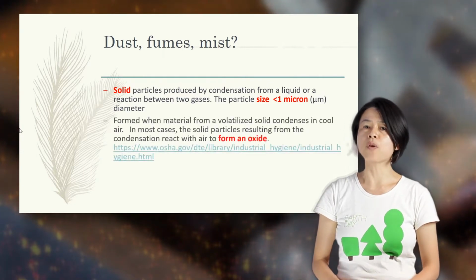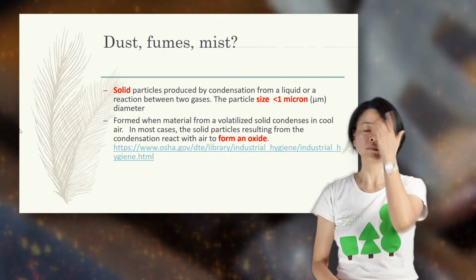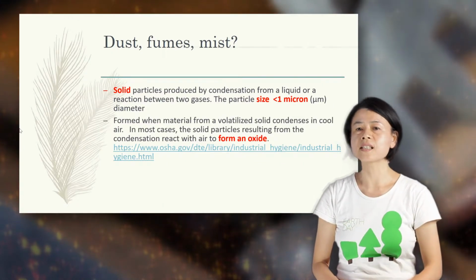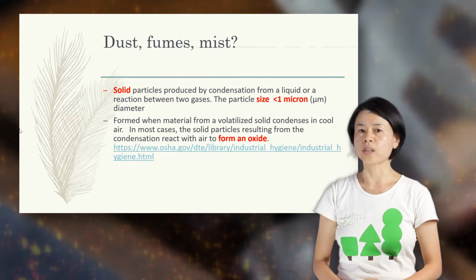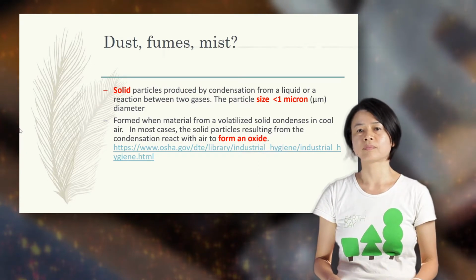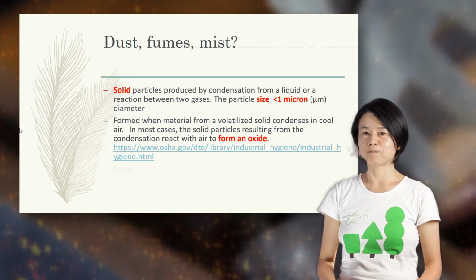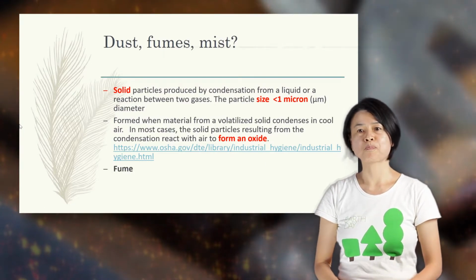Formed when materials from a solid condense in cool air. In most cases, the solid particles resulting from the condensation react with air to form an oxide. So, what's the answer? Good. So the answer is fumes.